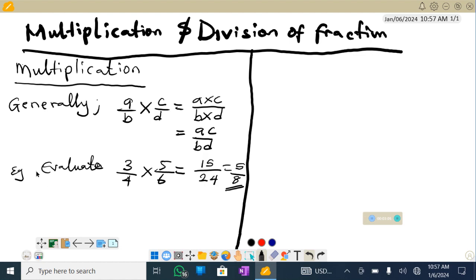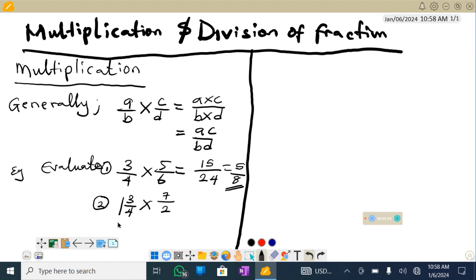So let's have this as number 1. We can also have number 2. It can be a mixed fraction times maybe another mixed fraction, or it can also be just an improper fraction. Whichever one it is, remember what we did last time. Anytime you have a mixed fraction and you want to carry out any operation in fractions, it is advisable to first of all change it to an improper fraction.